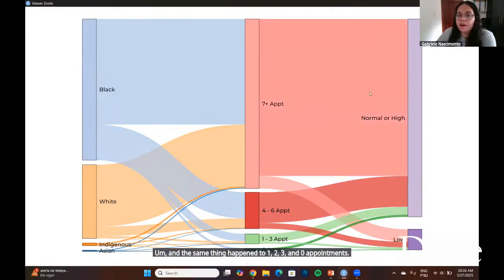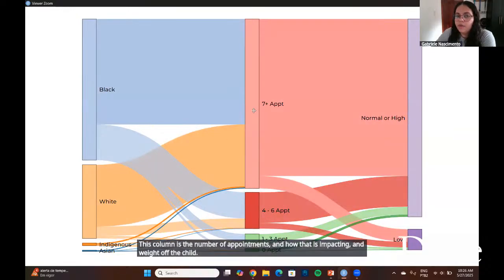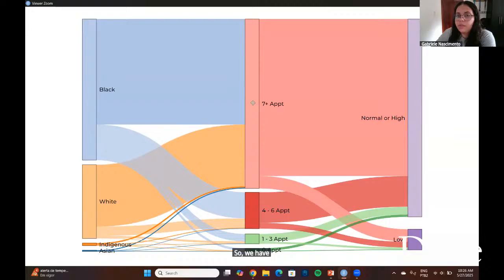And the other part of the diagram is just the same. This column is the number of appointments and how they impact the weight of the child. So we have the 7 appointments or more, which almost 2 million mothers had.